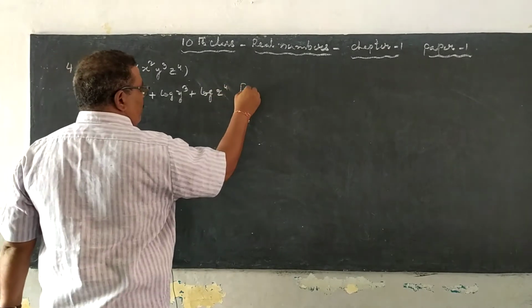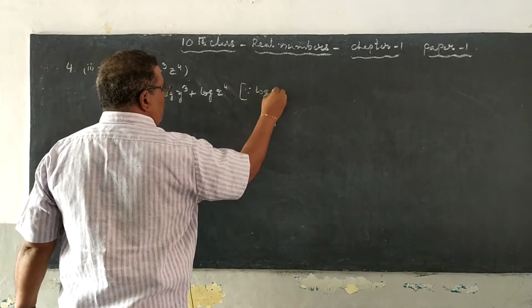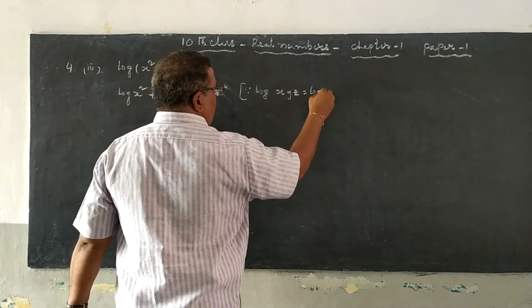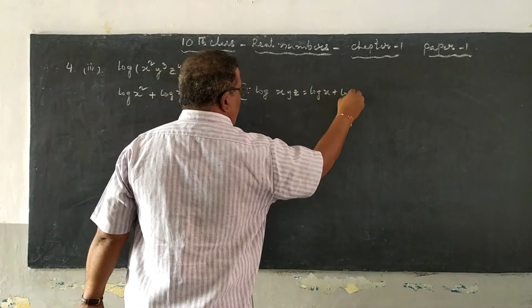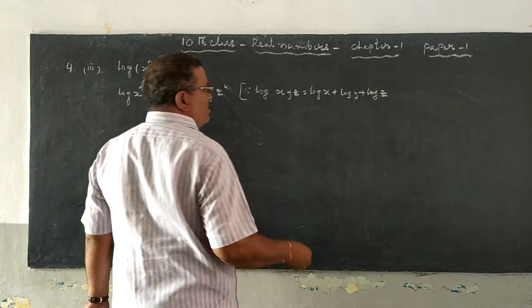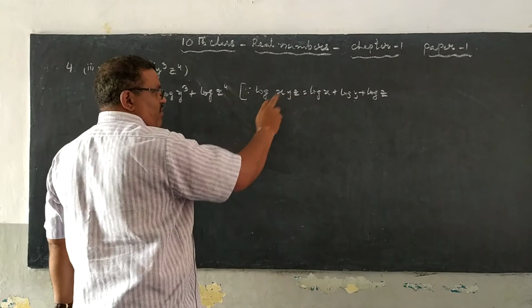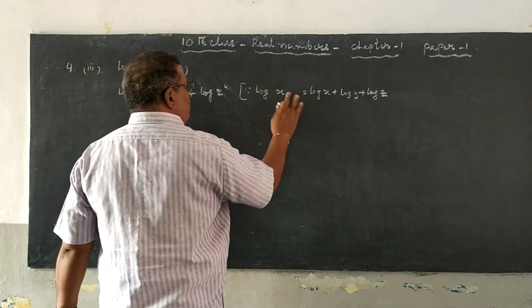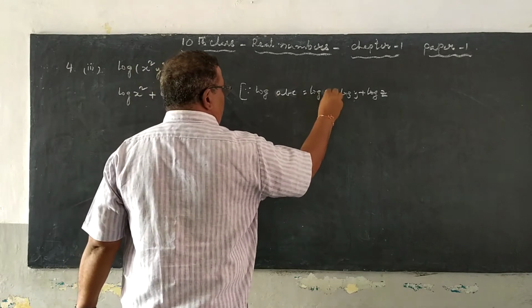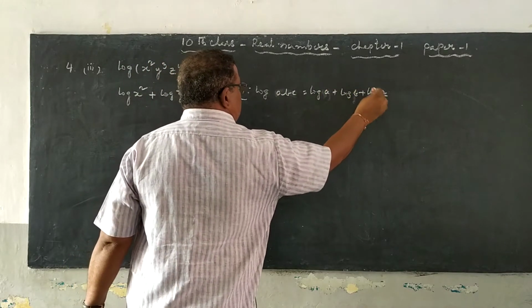From the supporting formula, log xyz can be written as log x plus log y plus log z. This is the extension of the log xy formula. We just replace the variables: log ABC equals log A plus log B plus log C.